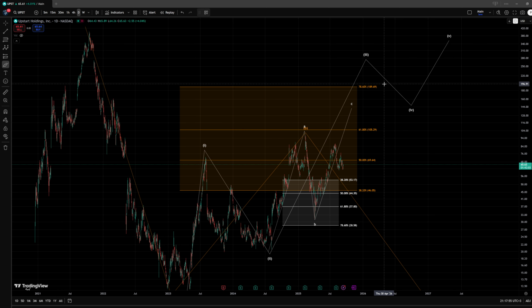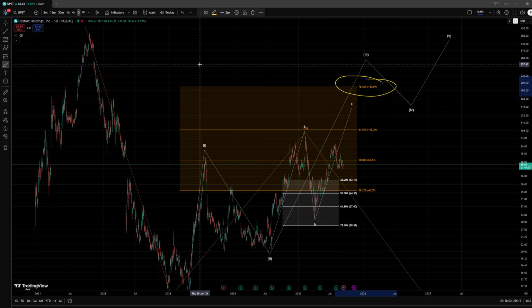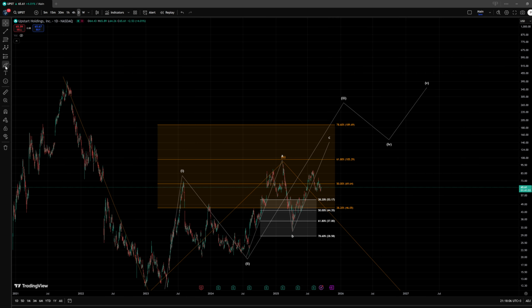For a rather clear indication, we would need to break above the larger 78.6% retracement at the $189 level, and for complete confirmation that this downtrend within the orange scenario would get invalidated, I would need a break above the all-time high at around the $402 level.